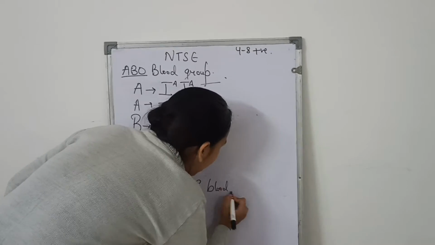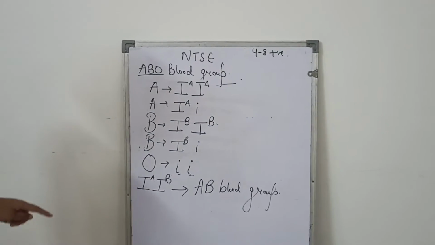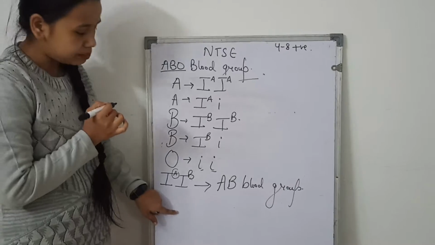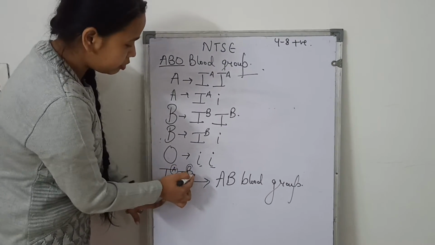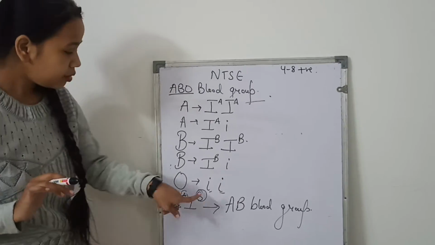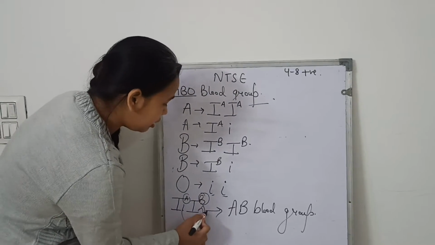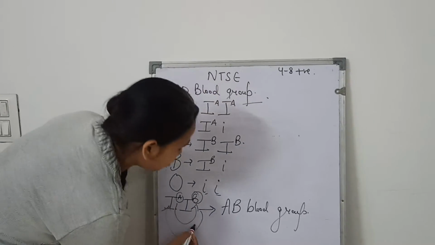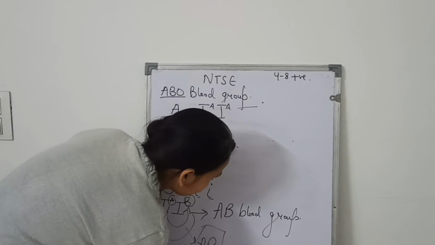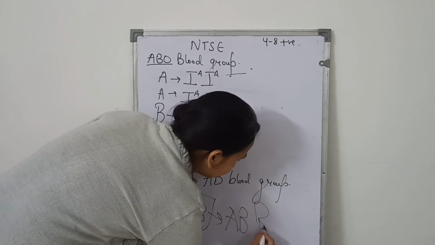I am talking about the inheritance of this blood group only. So how is it codominant? Because allele A is expressing itself and allele B is also expressing itself. None of them is hiding its expression, and it is not that A is not allowing the expression of B or B is not allowing the expression of A. Both are able to express themselves and give a new phenotype of a blood group called AB blood group.